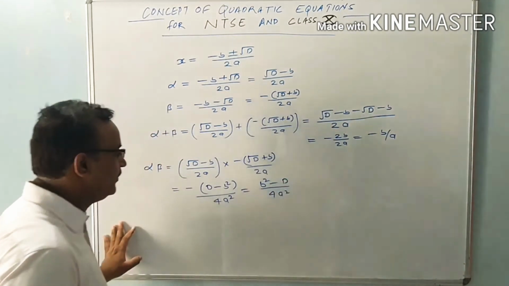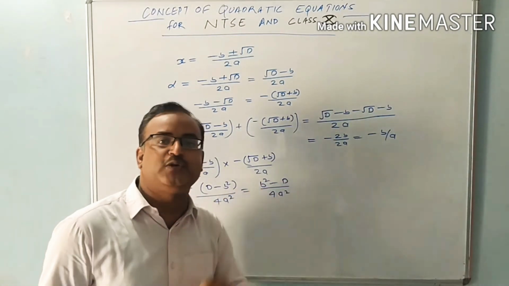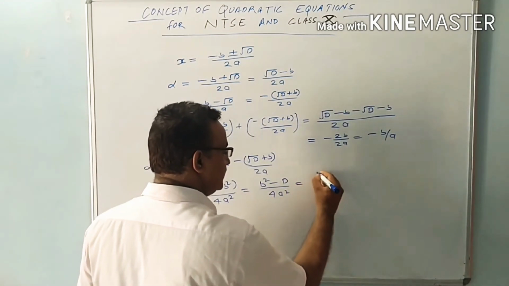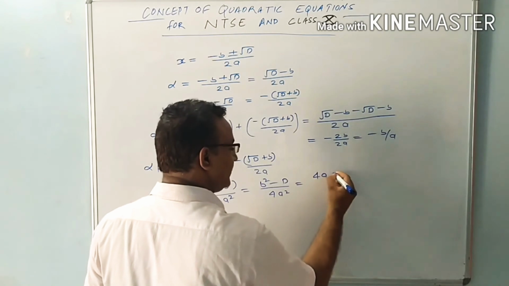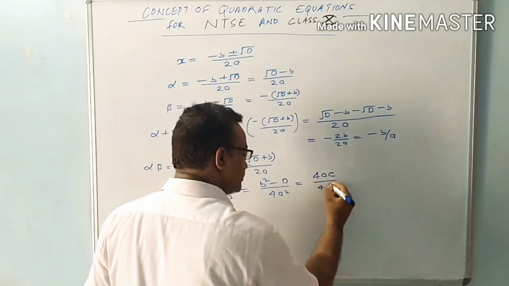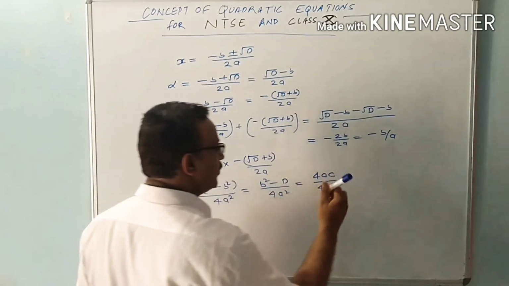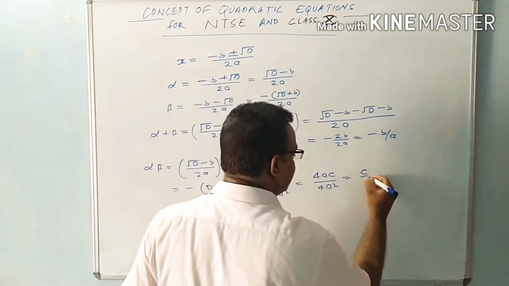You all know the value of d is b square minus 4ac. That's why the value of b square minus d is 4ac. So 4 cancels out, a cancels out, it is c by a.